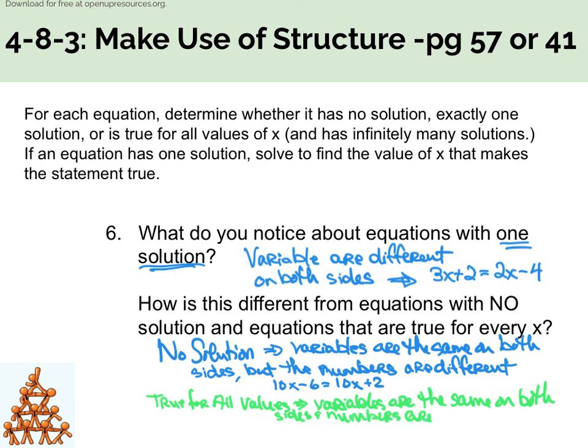Numbers are the same. So as an example for this, we can have 10x plus 6 equals 10x plus 6. And remember, true for all values is the same as infinite many solutions.